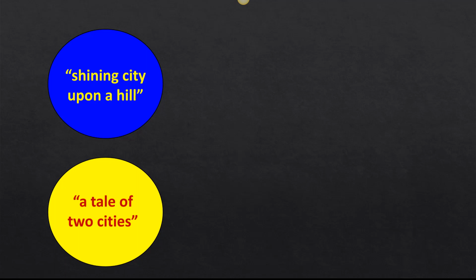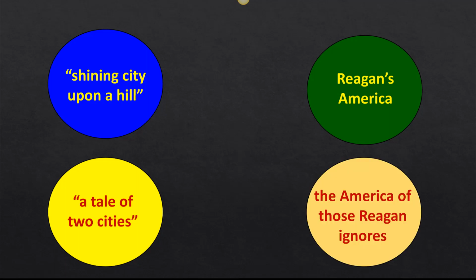On the other hand, we have Reagan's America, which Cuomo characterizes as the prosperous and happy and free United States of America that Reagan described during his nomination acceptance address. And then we have the America of those Reagan ignores, in the inner cities, in Appalachia, in those poor and downtrodden areas across the country.